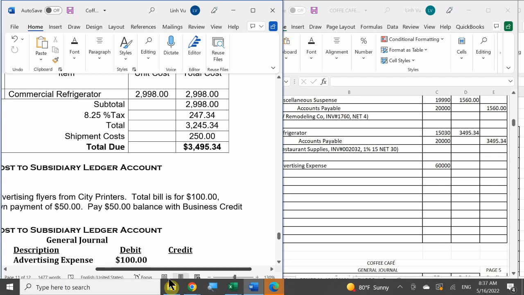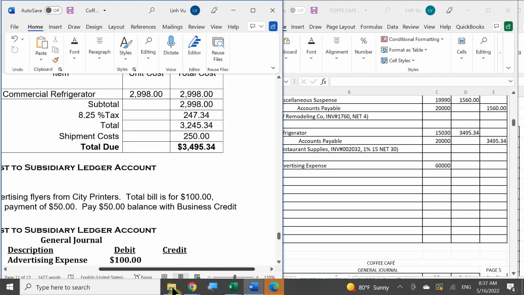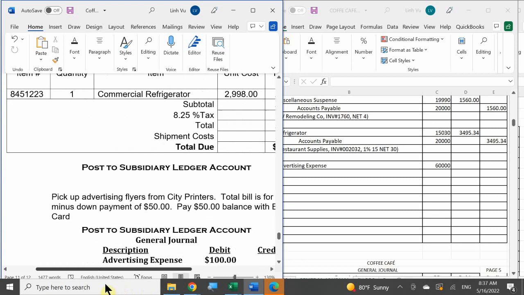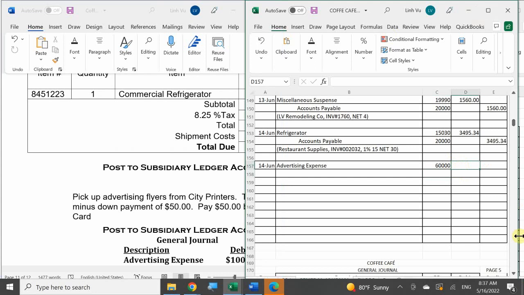No, I'm not looking at that one. I'm looking below that one. Total bill was 100. Okay, for the flyers, 100. Now, how did I pay for it?